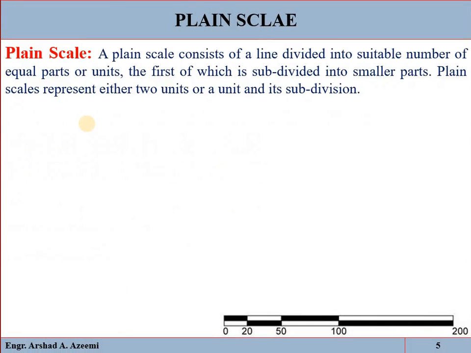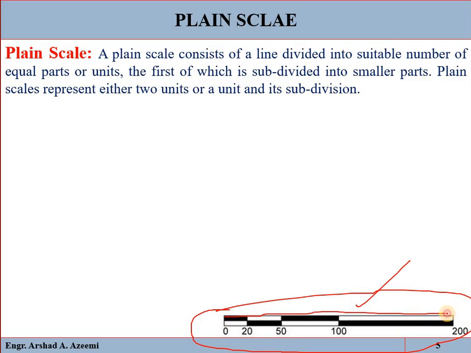So the first one is the plane scale. If you have seen such a representation in maps, that is just called the plane scale. Okay, a plane scale consists of a line, and that line is divided into a suitable number of equal parts.